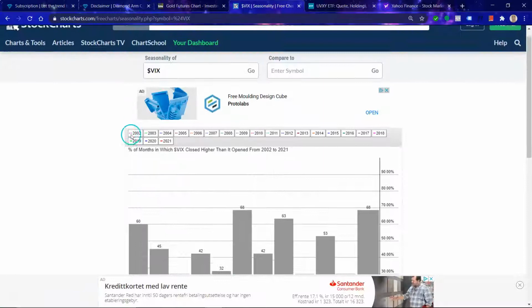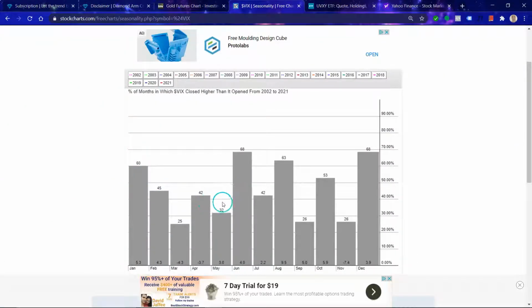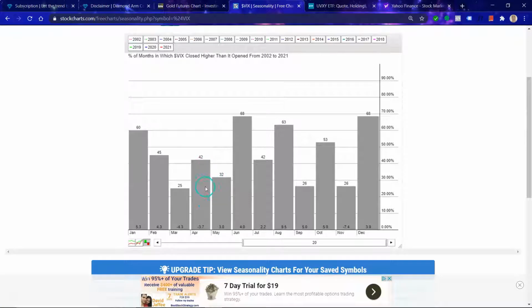So here we have the VIX seasonality, the percentage of months in which it closes higher than it opened. You can see here that there definitely tends to be a significant increase in the VIX heading towards the summer period. However, the current period, spring, is seasonally low VIX.